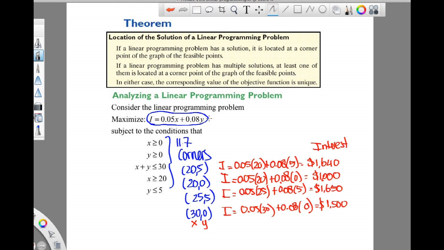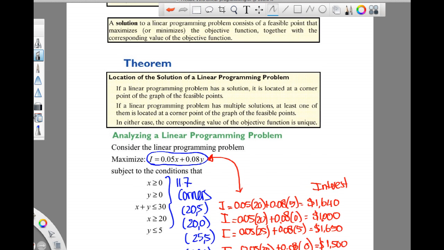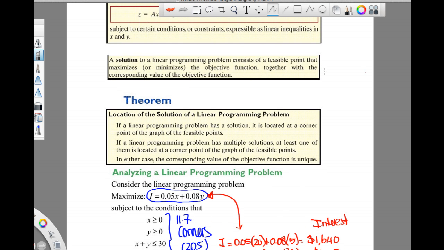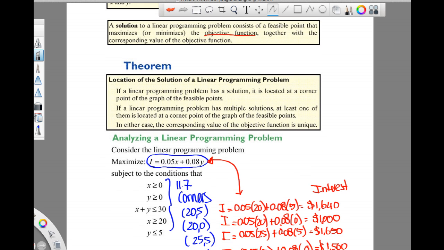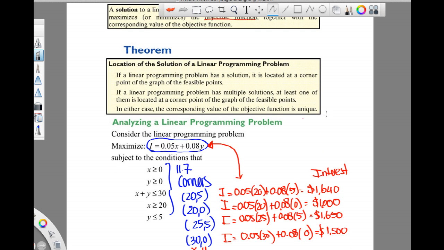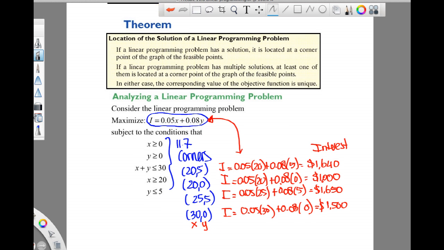The reason I did an easy problem here is that I want you to see that this equation we're trying to maximize is what's called the objective function. That's the function that ties into the linear programming problem. That particular equation is not being graphed. You don't have to graph it.